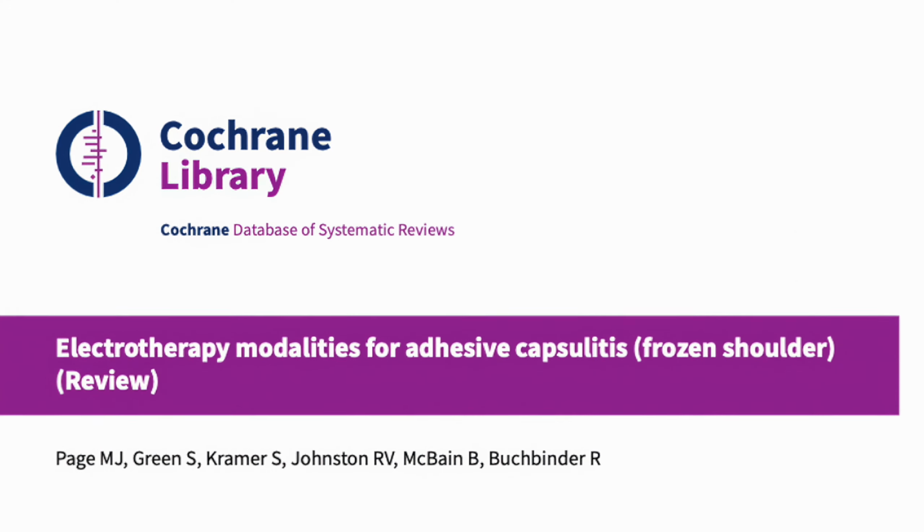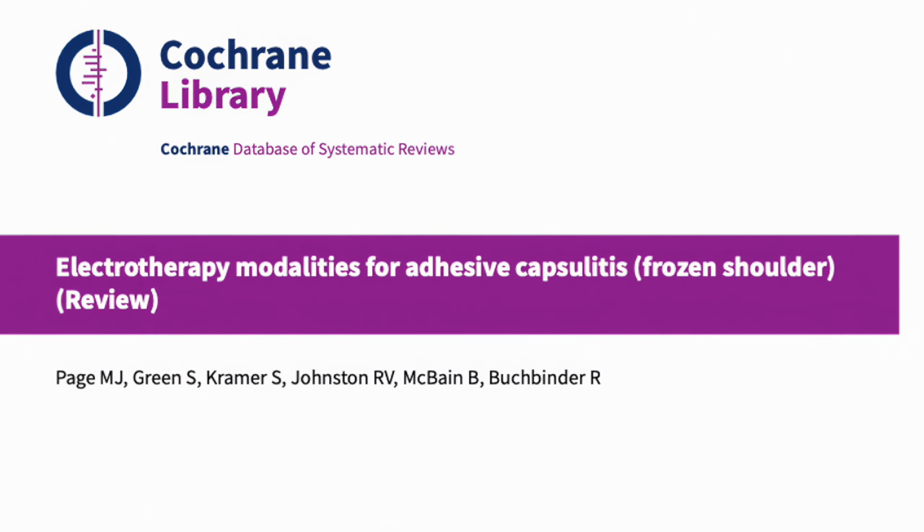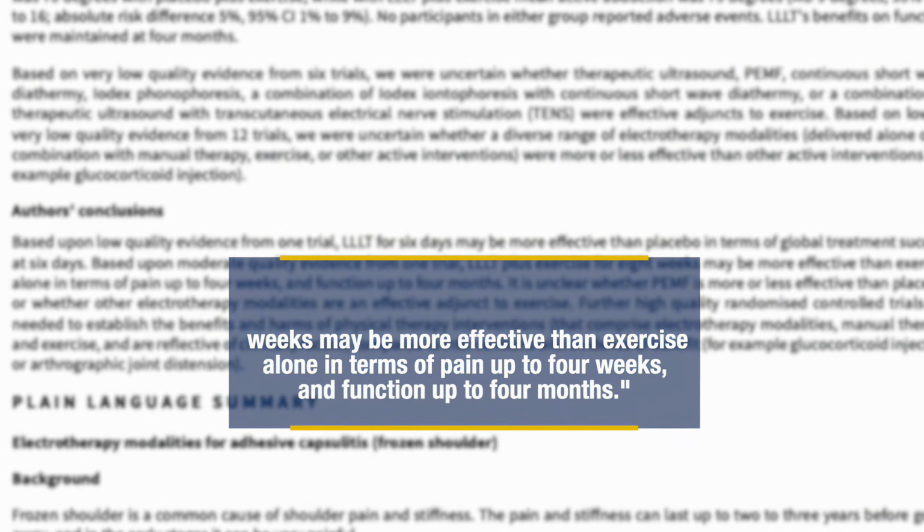And another Cochrane review published in 2014, investigating a range of electrotherapeutic modalities for frozen shoulder, found that there might be some benefit for laser, but this was based on one low-quality trial. And I could go on, but the findings are largely the same, inconsistent and conflicting, with lots of low-quality, heterogeneous studies, but new evidence may emerge to change this.